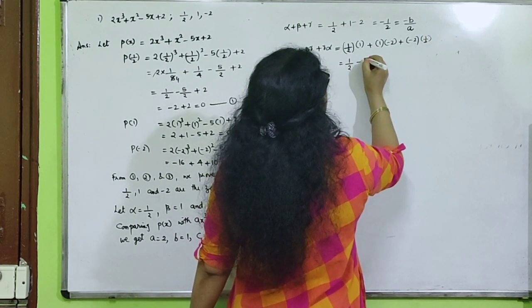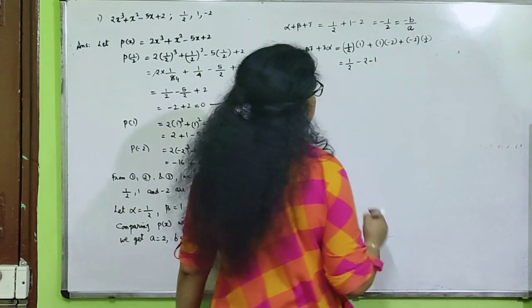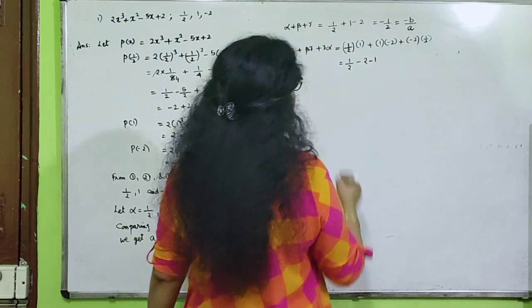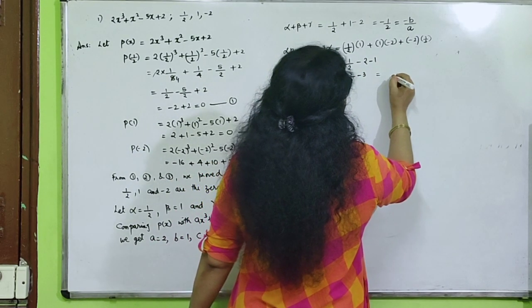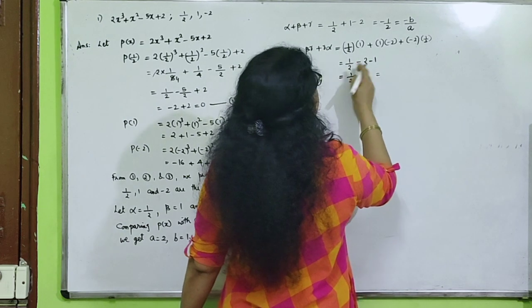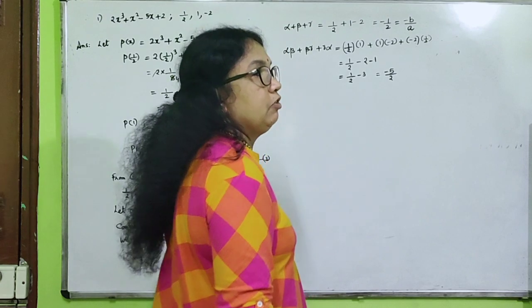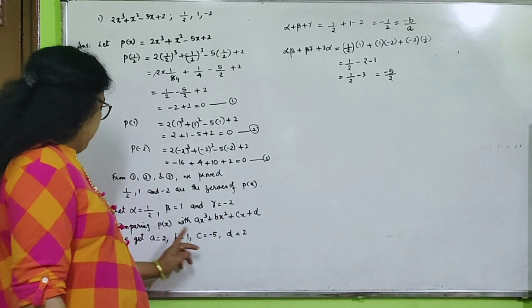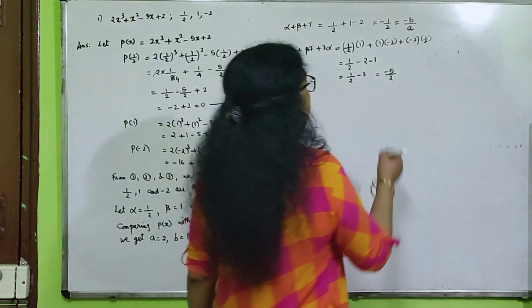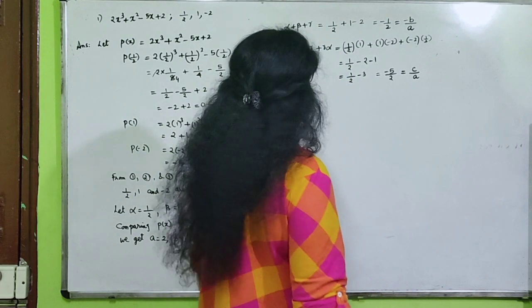Plus, minus into plus is minus. 1 twos are 2, 2 cancel, minus 1. So half minus 3 equals, 2 threes are 6, 1 minus 6 is minus 5, so minus 5 by 2. What do we want to get here? c by a. c's value is minus 5, a's value is 2. So that is correct. That is also proved. So c by a. Next one, what is it?